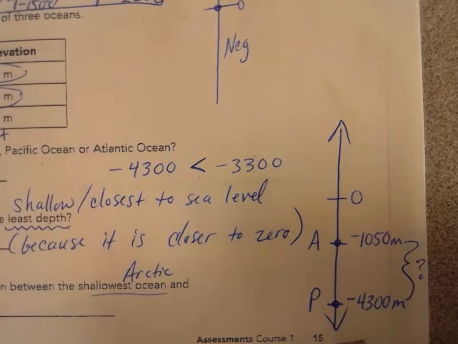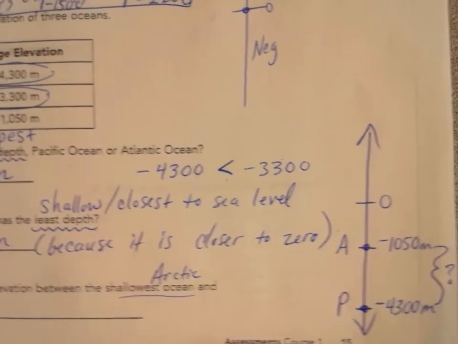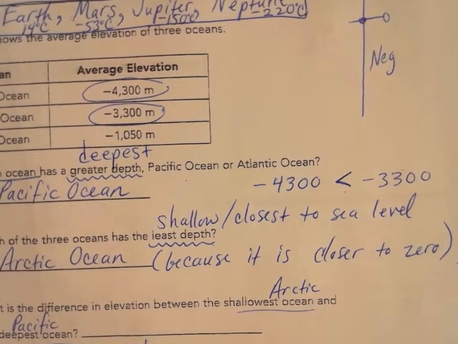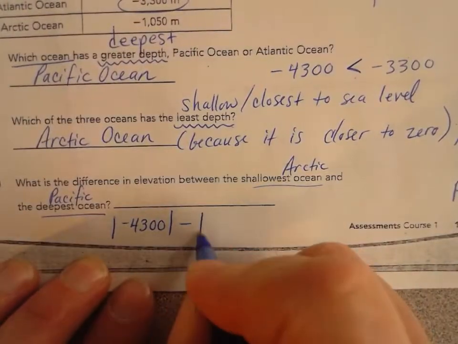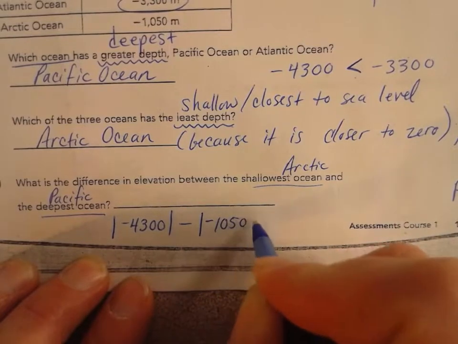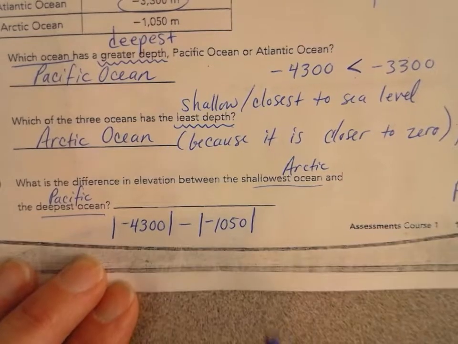Well, do you notice that these both land on the same side of 0? They're both negative numbers. So to find their difference, I really can do a subtraction. I really can say I'll take the Pacific Ocean and find its distance from 0, and I'll take away the Arctic Ocean's distance from 0. Notice I'm using absolute value bars because we're talking about distance, and distance is always positive.